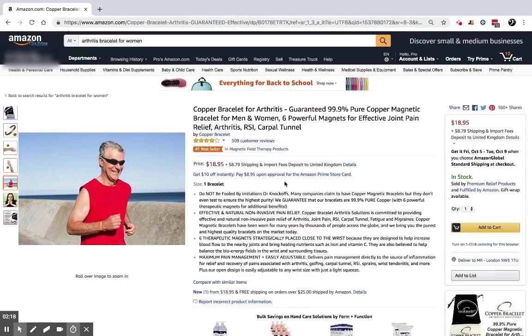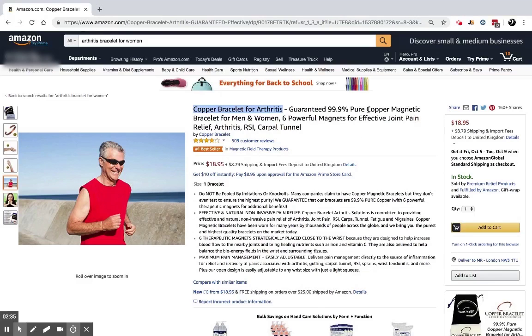Let's have a look at an example. One of our famous copper bracelets for arthritis, with this tasteful guy in red here. They very clearly decided that their number one keyword is copper bracelet for arthritis. I know that because, number one, it's in the title, and number two, it's at the beginning of the title. That is a big hint as to what you should be doing.